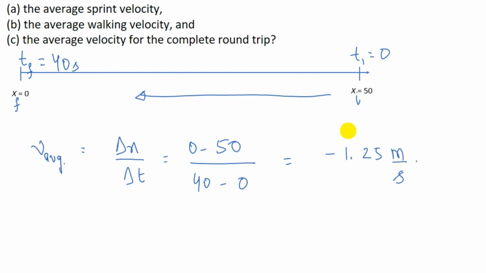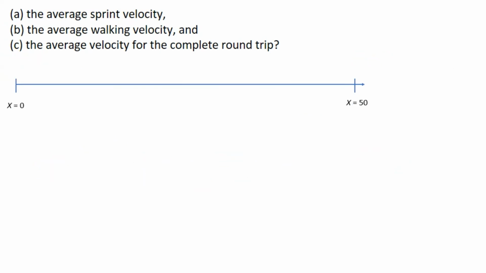And here this negative sign denotes that the direction is opposite to the positive direction, that is, we have taken this direction to be our positive direction. So the average velocity comes out to be negative. That means the direction of the body is opposite to this direction. So this is the answer for the B part. Next, in the C part, we have to find the average velocity for the complete round trip.